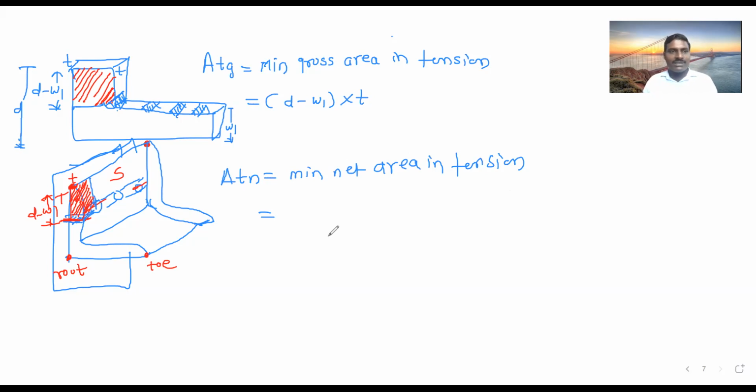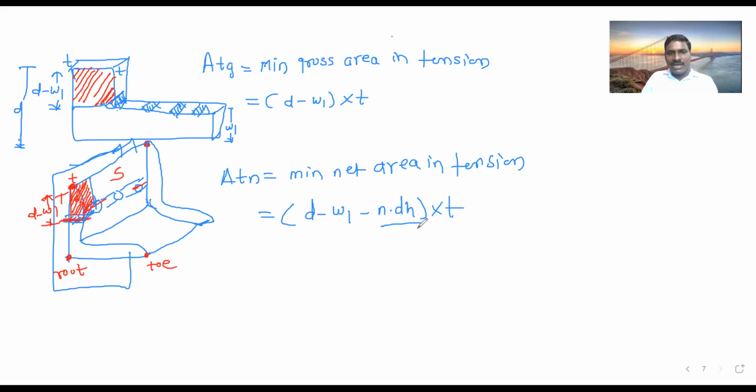Correct? Am I audible? Now, similar to shear area, what we will do is D minus W1, minus N into DH, into T. Correct?